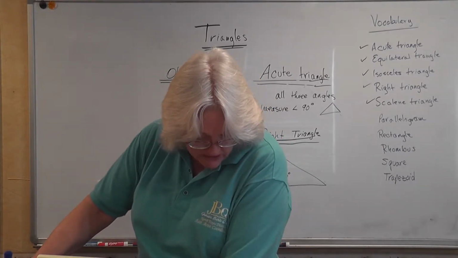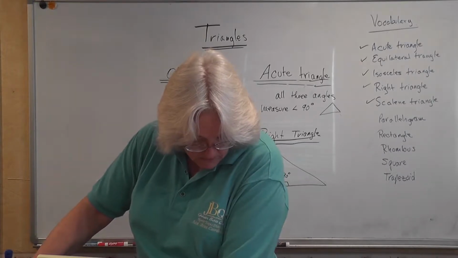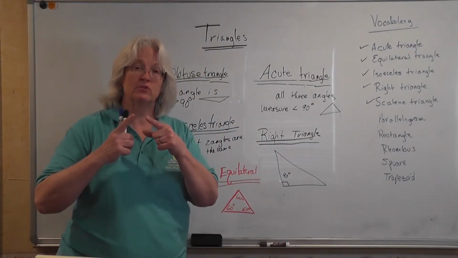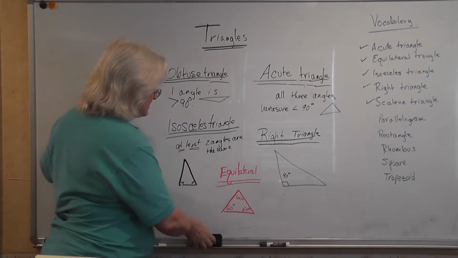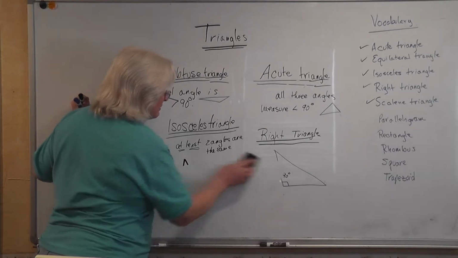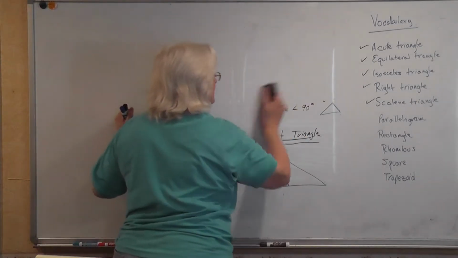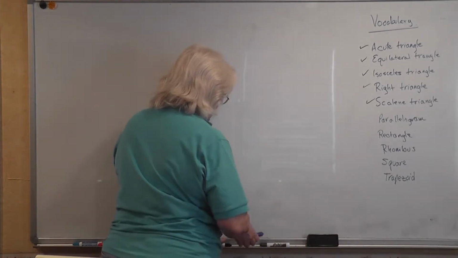Let me make sure that I speak it the way that I want to. Now, if you have two sides that are the same, if you have an isosceles triangle, I'm going to go ahead and erase all of this so that I can draw you a picture of what I'm talking about. And this is a geometric truth that you will use when you get into geometry.